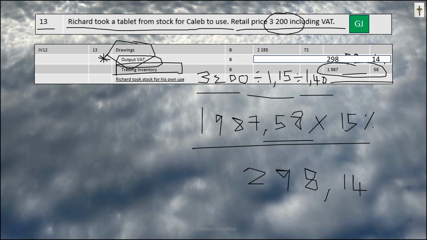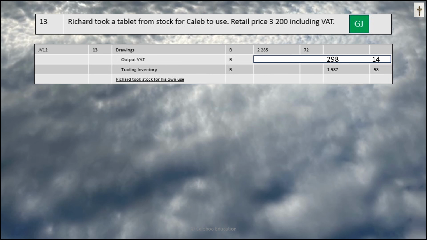So I say 1987.58 plus the 298 gives me the drawings amount of 2285.72. So that is how we calculate the amounts in this transaction. So I've calculated the amounts. Let's move on.